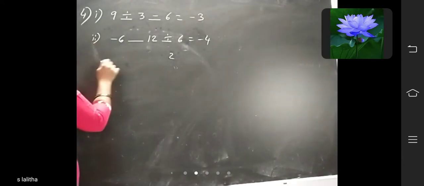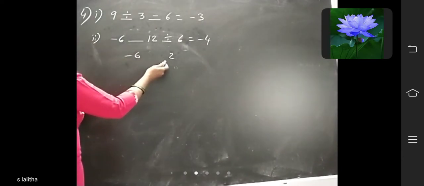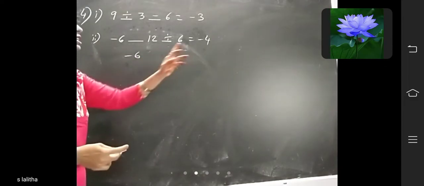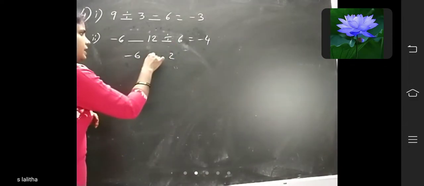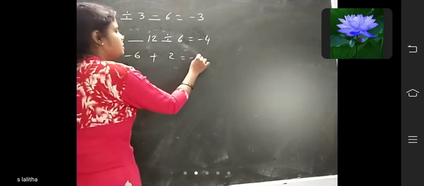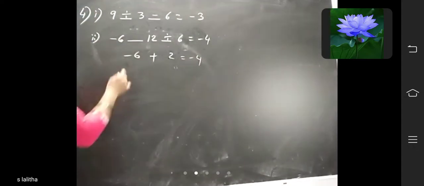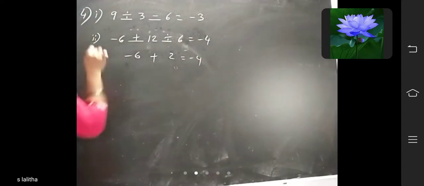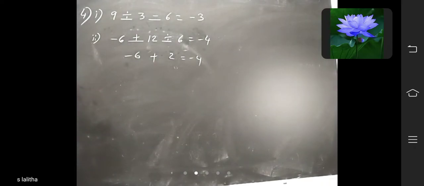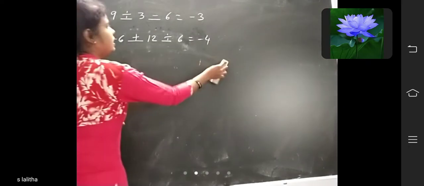Here minus 6 is there. Which operation should you take? Here we will get minus 4: minus 6 plus 2, how much? Minus 4. So you should write here plus. Minus 6 plus 12 divided by 6 is equal to minus 4.